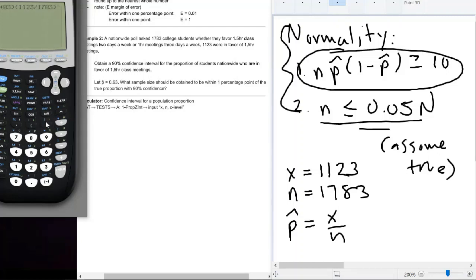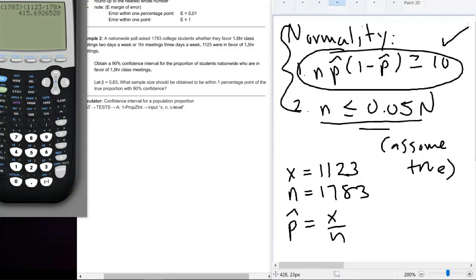And then we need to do 1 minus, and I need to do another fraction here. So that's going to be 1123 divided by 1783. Let me close my fraction. Now let me close my 1 minus. Let's check and see if that's greater than 10. So this first condition holds true.